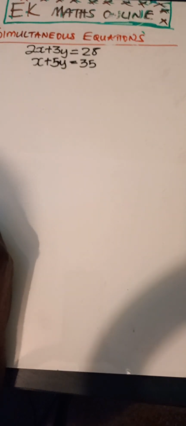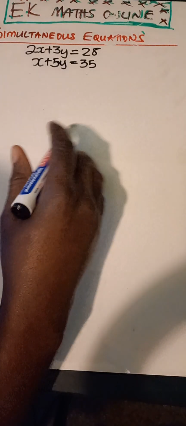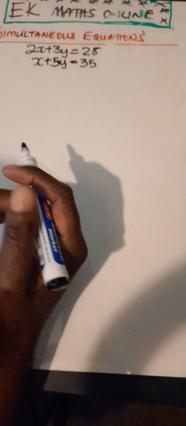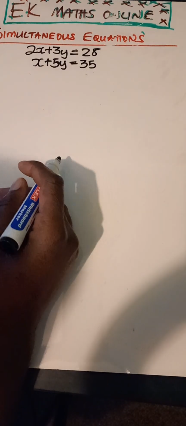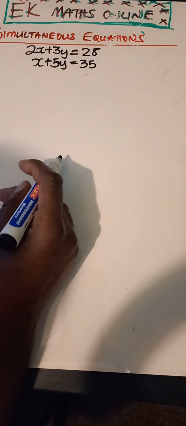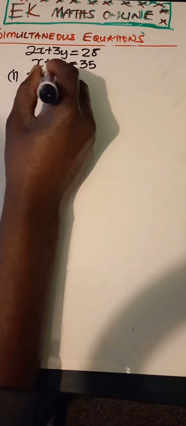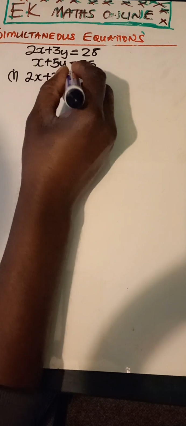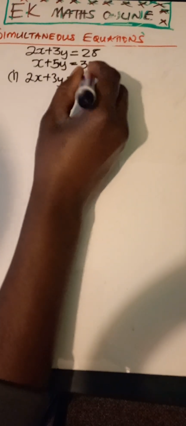So the first stage is to make an identification on our equations, in terms of numbering or just lettering them, so that you can identify them. In this case, I'm going to identify with numbers. Number one equation will be 2x plus 3y is equal to 28.